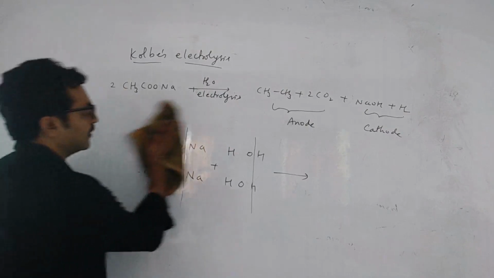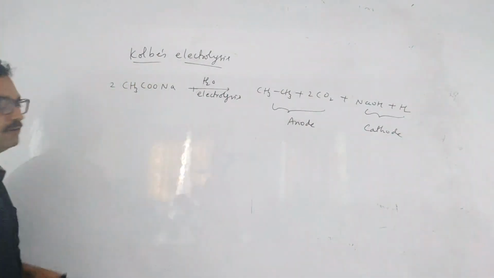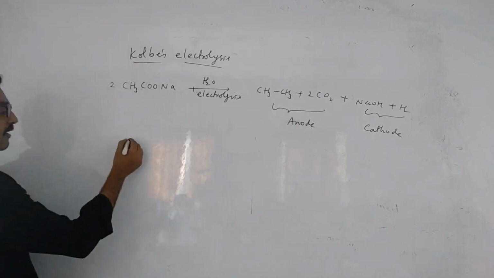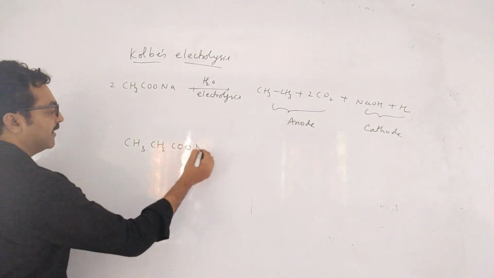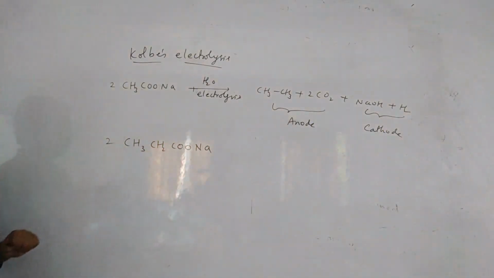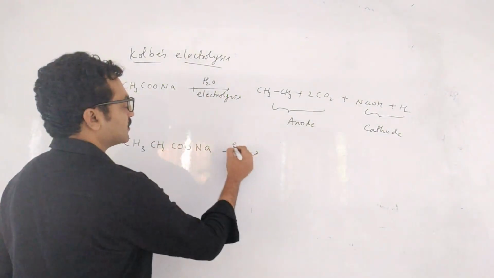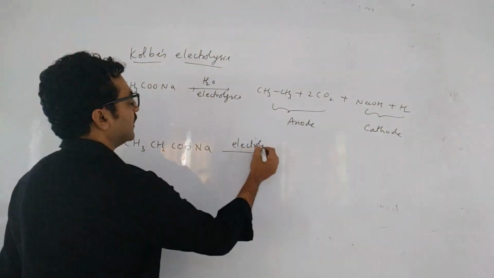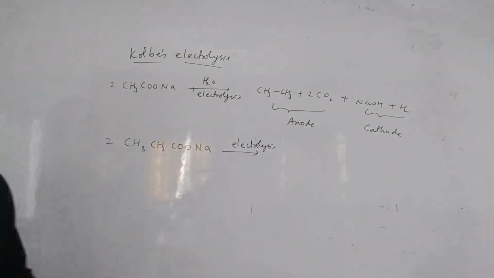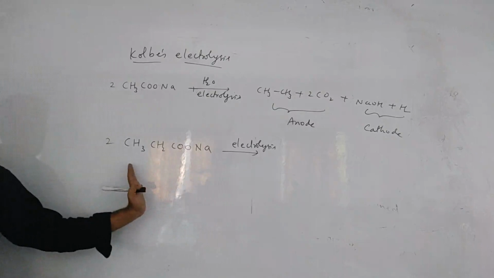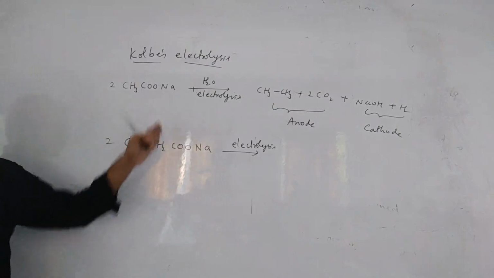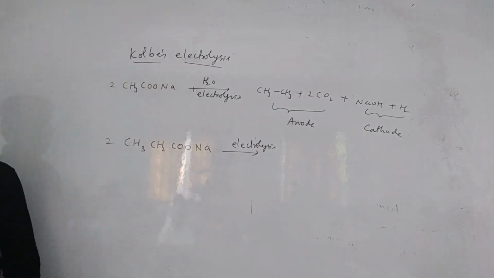Right, children? Now, can you tell the products if I have taken CH3CH2COONa? 2 moles of sodium propanoate is taken and I did Kolbe electrolysis, then what are the products formed? Yes? Who will say? Just think. I told the mechanism also. The mechanism is a shortcut to remember.